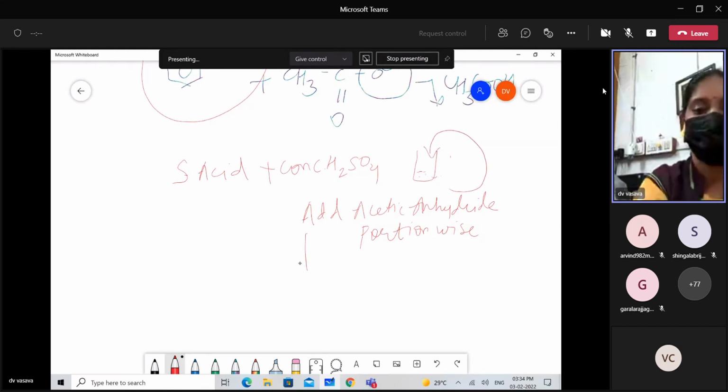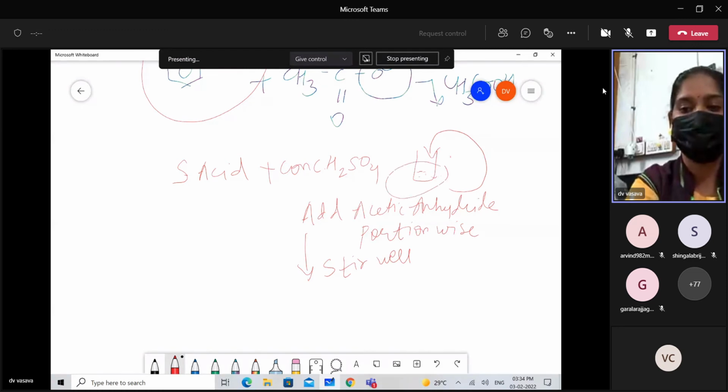Then you have to stir this mixture well and keep it at 50 to 60 degrees Celsius temperature for 30 minutes.